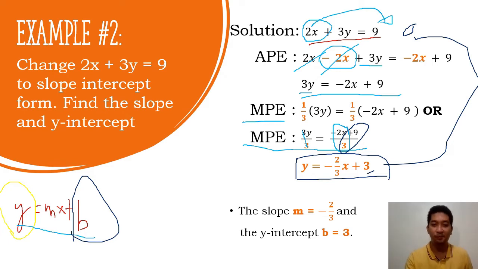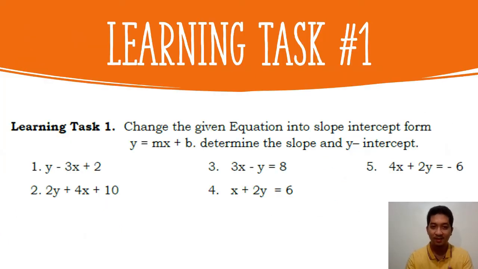So, I hope it's clear because here is learning task number 1. Okay, so in your learning task number 1 on your self-learning module page 24, it's just the same. That's like what we did. So you just have to change the given equations 1 to 5 into their slope-intercept form or the y equals mx plus b.